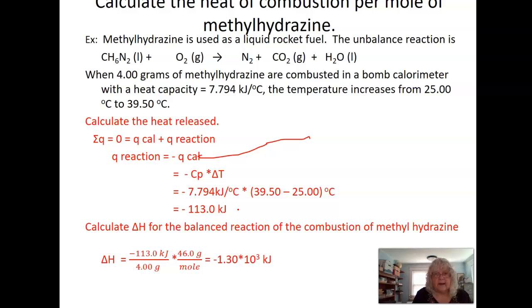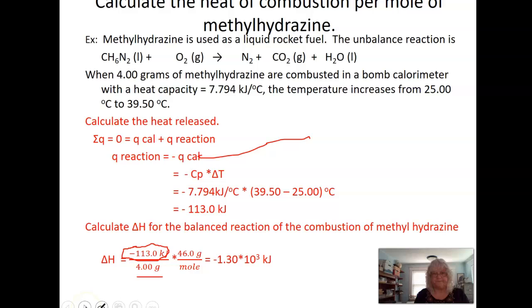That's not how much heat would be given per mole of methylhydrazine. If I want to calculate it per mole, I have to go back and take the heat that I measured, which is down here, and divide it by the mass of the methylhydrazine, the 4 grams. Then I converted grams to moles by using the molar mass of methylhydrazine, CH6N2, which I looked up.